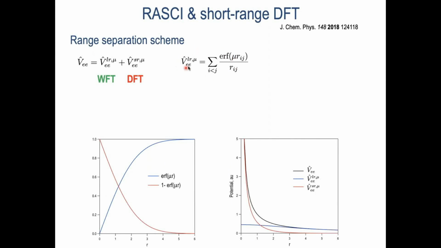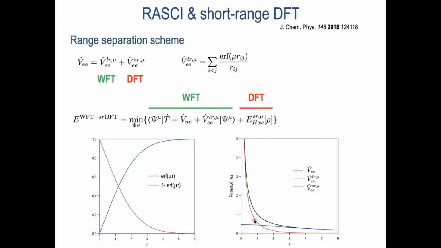And for doing this range separation, we use, as is common, the error function, and here we have the two contributions, short and long range, and with doing that, we have now split the electron potential in terms of the long range and short range part.